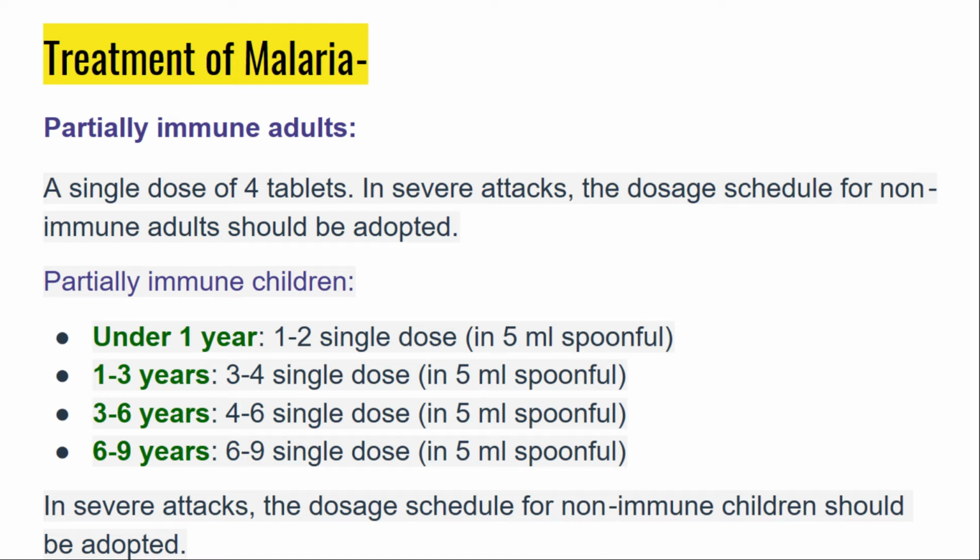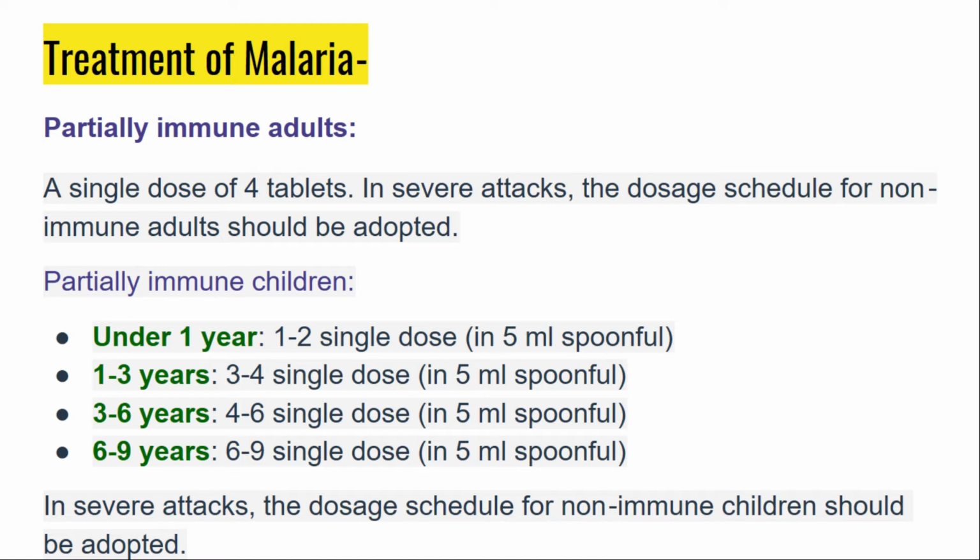Treatment of malaria. Partially immune adults: a single dose of 4 tablets. In severe attacks, the dosage schedule for non-immune adults should be adopted.